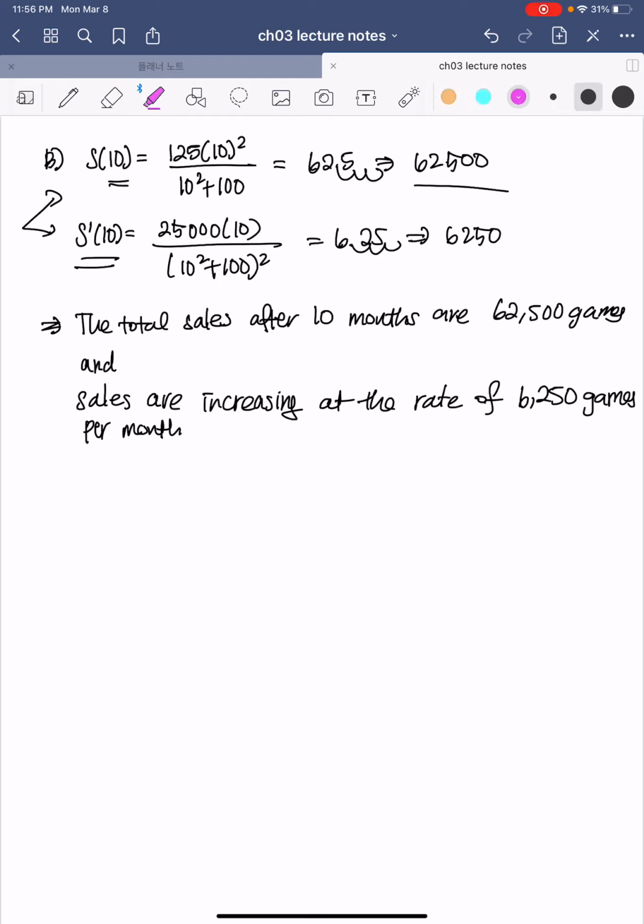Okay, so this part over here is this sentence. This one is right over here.